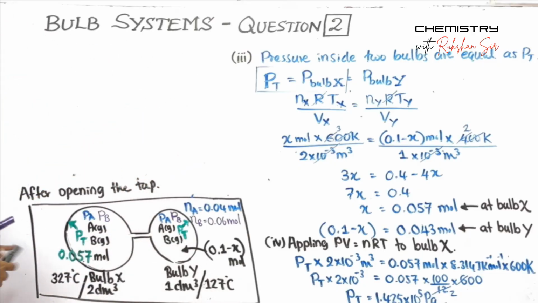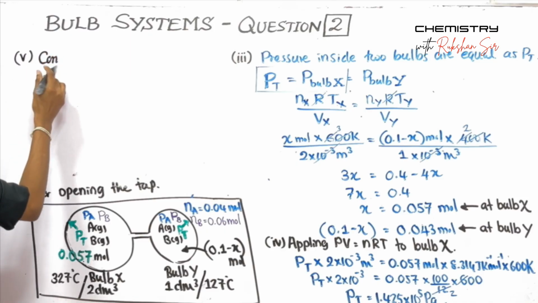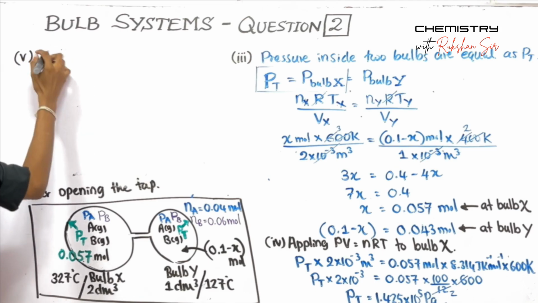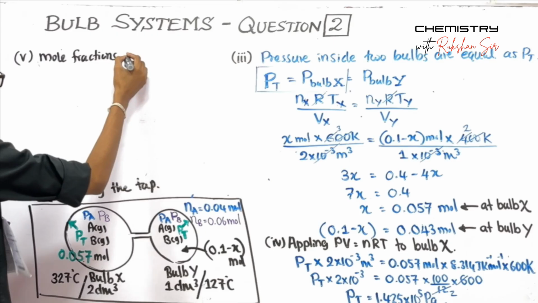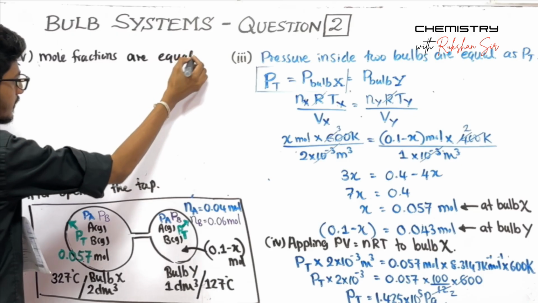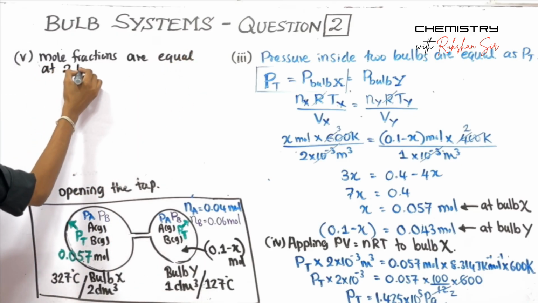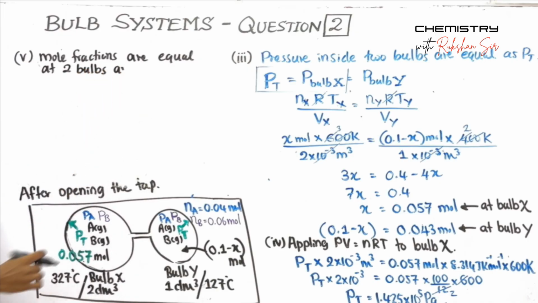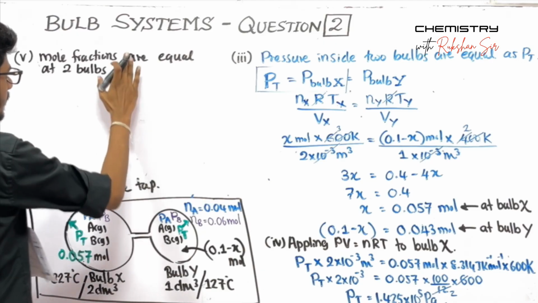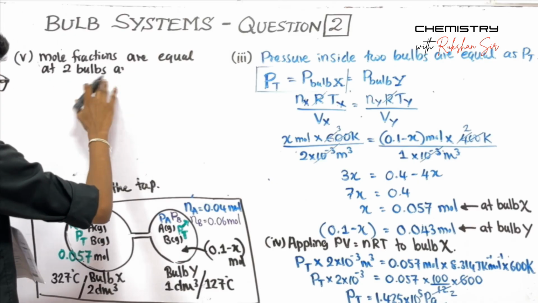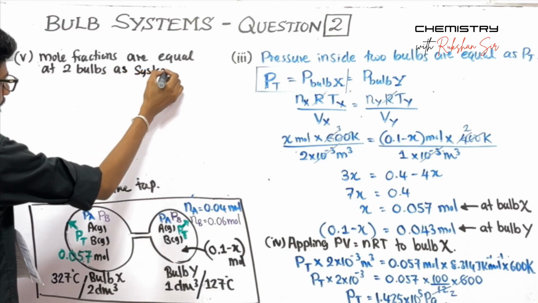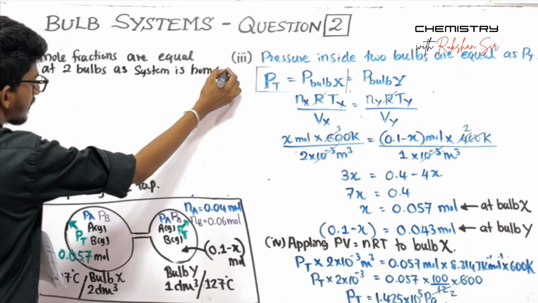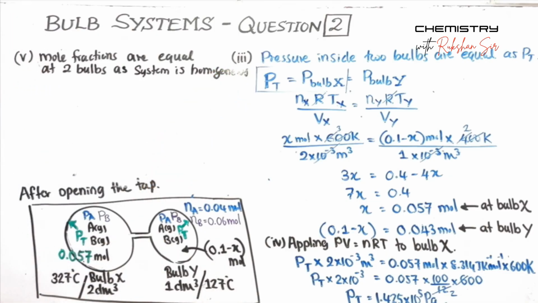So this is Roman number 5. Mole fractions are equal at the two bulbs, as the system is homogeneous, right?